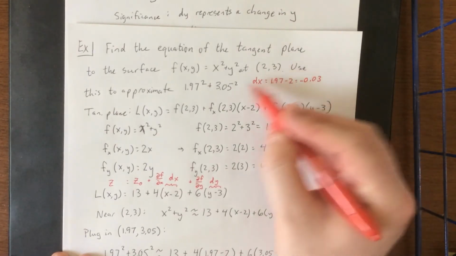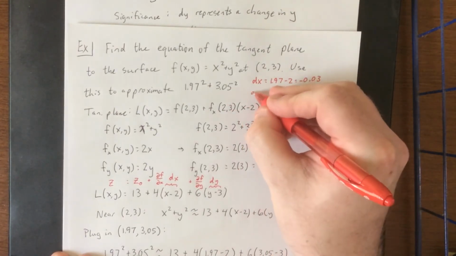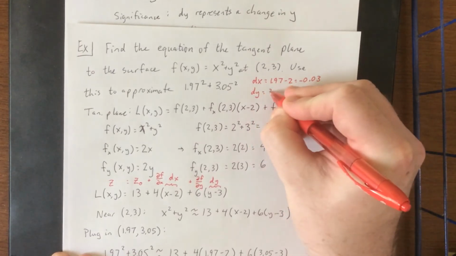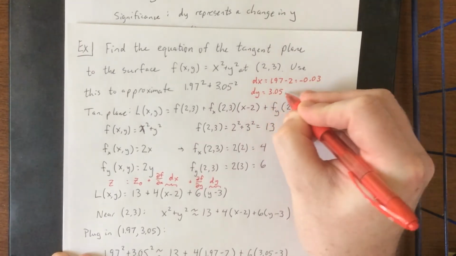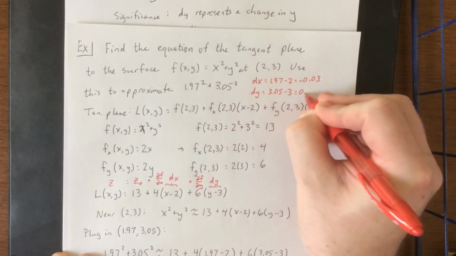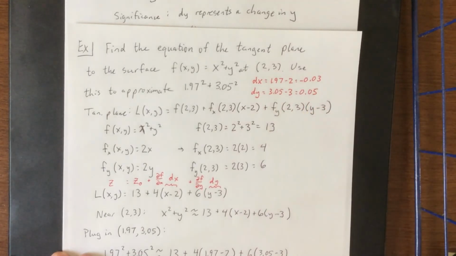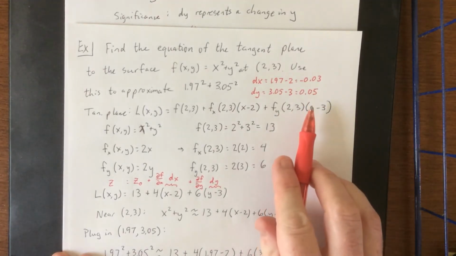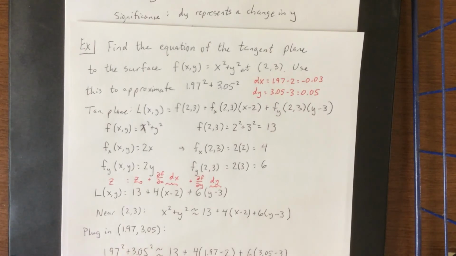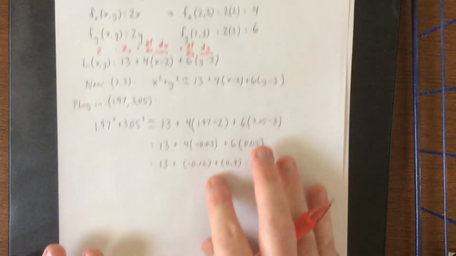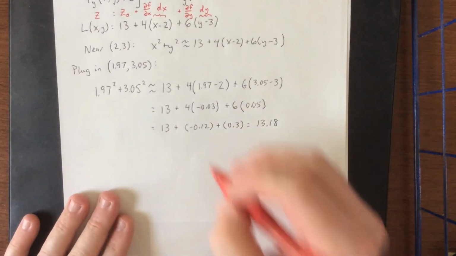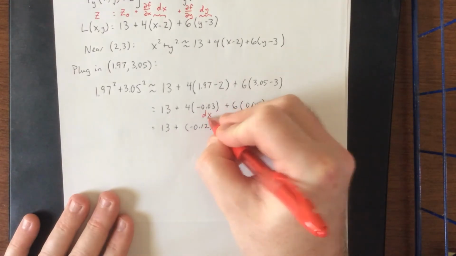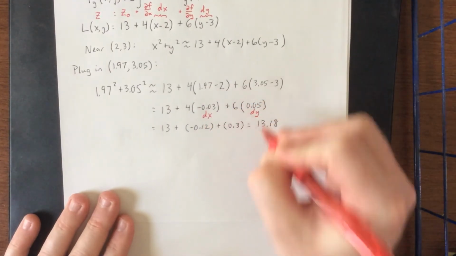For the y value, we started at 3, we ended at 3.05, so dy would have been 3.05 minus 3, for a total of 0.05. You'll notice that this negative 0.03 and this positive 0.05 also made an appearance at the end of the problem. That was this quantity right here, dx, and this quantity right here, dy.